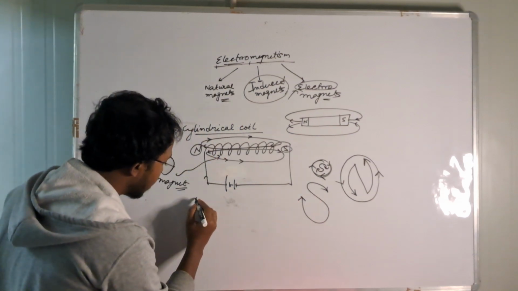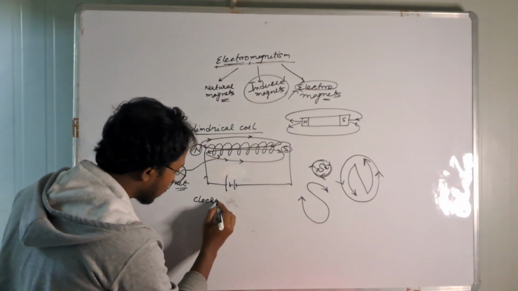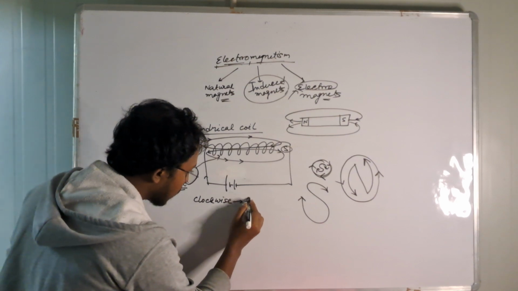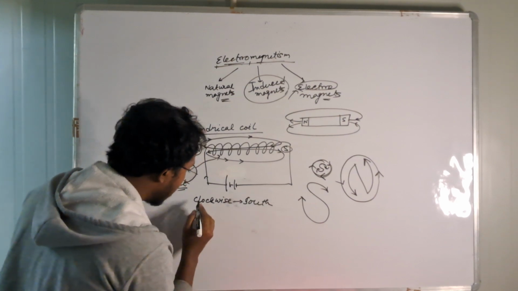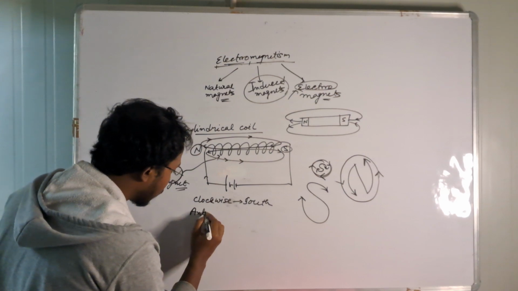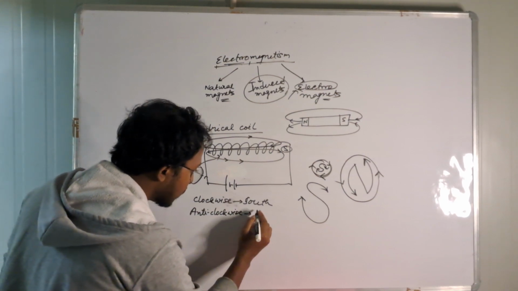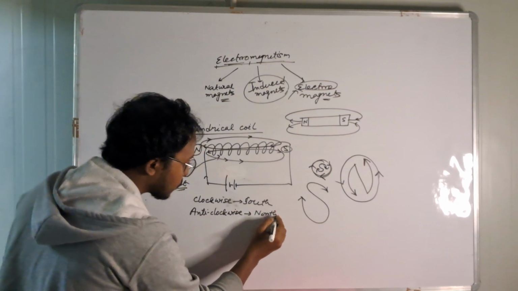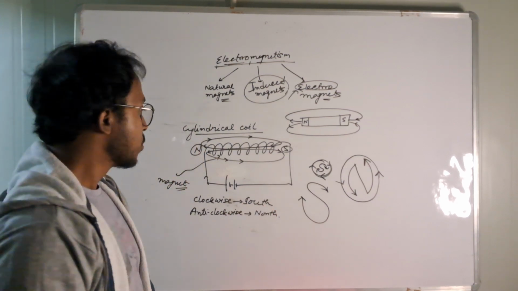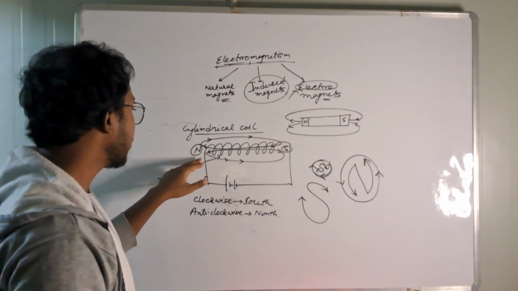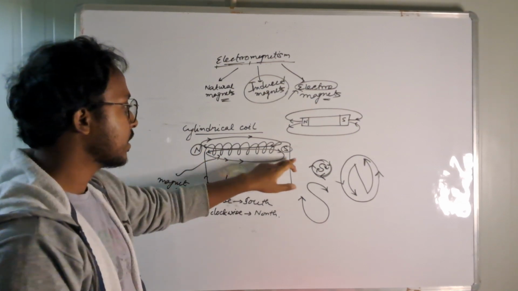So I can write: if it is clockwise, it is the south end, and if it is anti-clockwise, it's the north end. Perfect. So here, as I have told you, north, and here south.